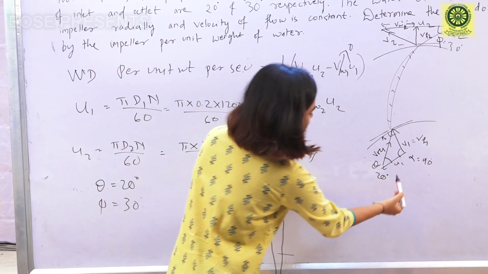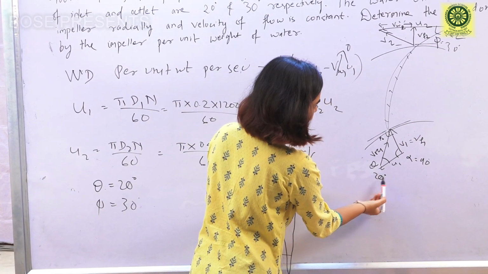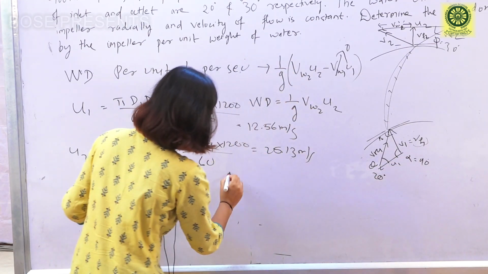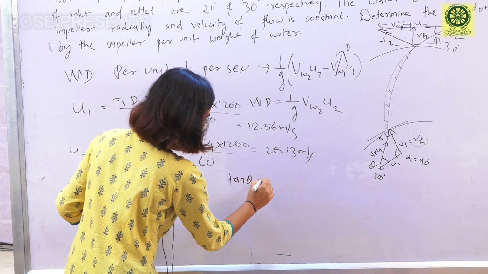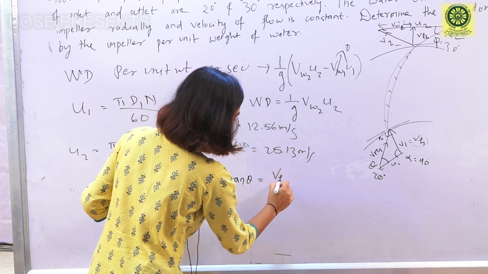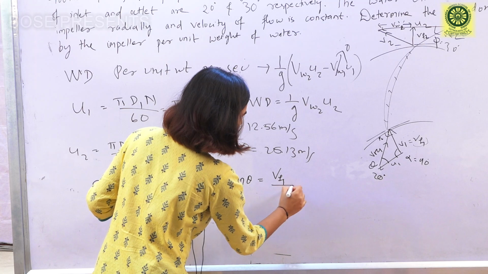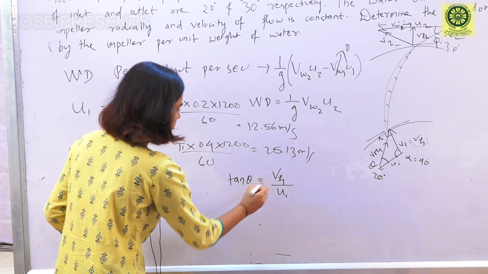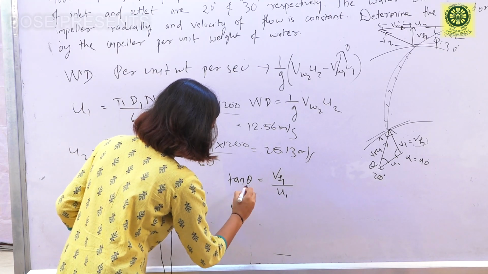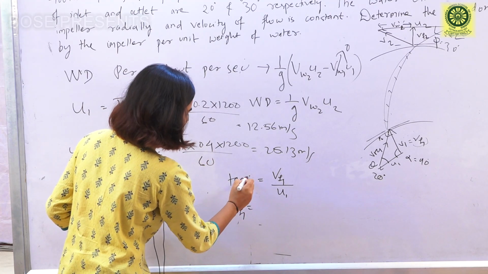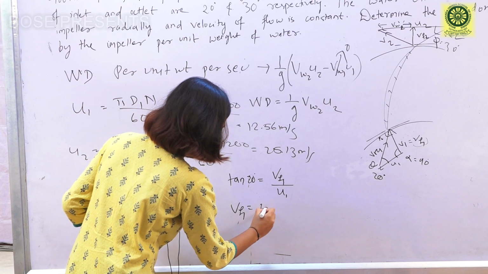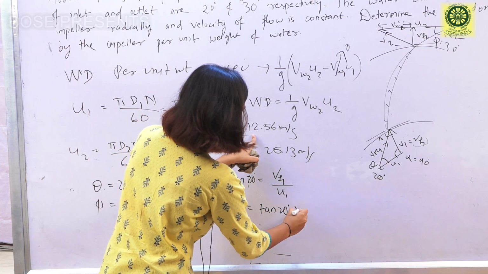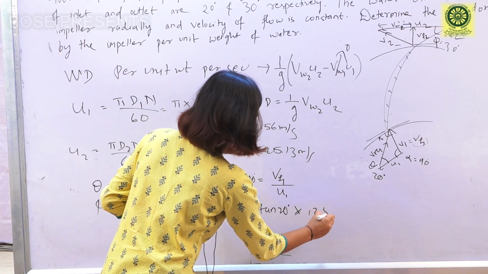Now we know the U1 value, we know the theta value. We can easily find out the Vf1 value. How? Tan theta is equal to Vf1 divided by U1. So Vf1 will be tan 20 degrees into the U1 value, which we already know as 12.56.